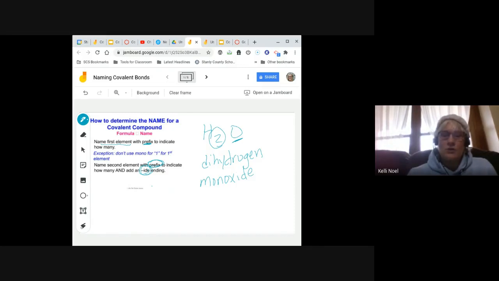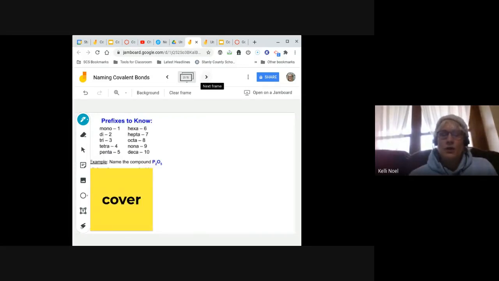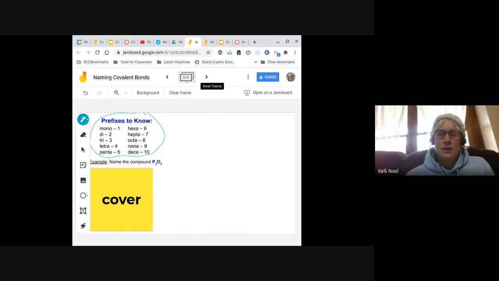And so that is what we're going to be doing here. You're going to need to be familiar with these prefixes. So you either want to reference back into this Google Meet or jot these down or take a screenshot so you have it.